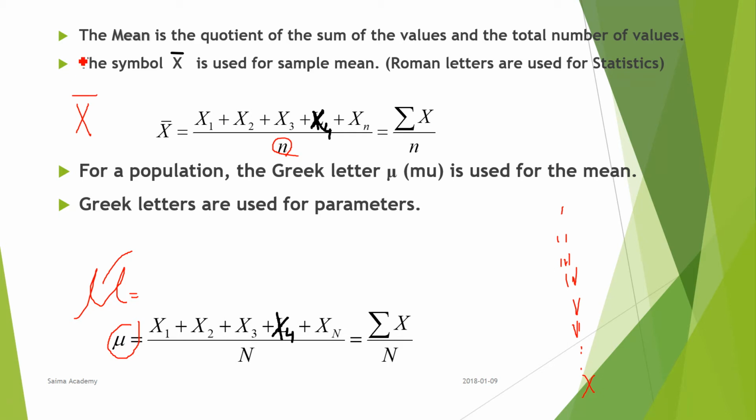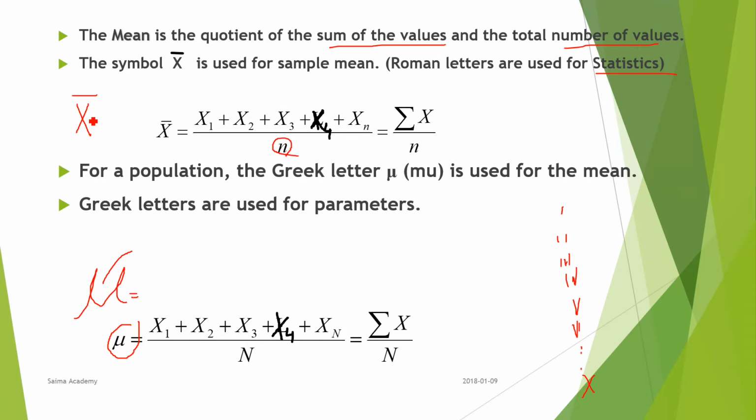So here I will read it. The mean is the quotient of the sum of the values and the total number of values. First you have to sum, and then divide. The symbol x bar is used for sample mean. This is x bar. Roman letters are used for statistics, right? I told you in the last slide that if we take the data values from the sample, it is called the statistic.